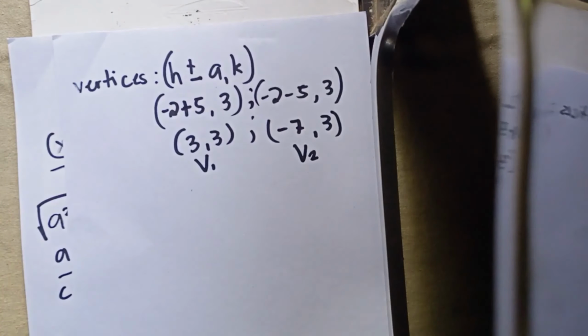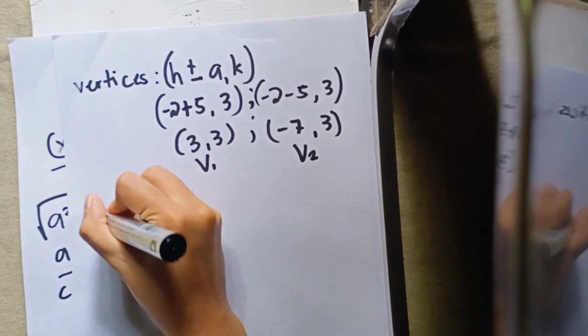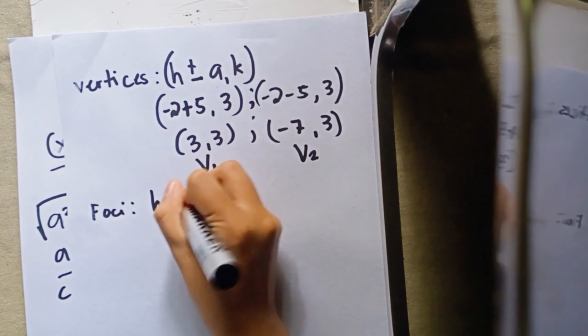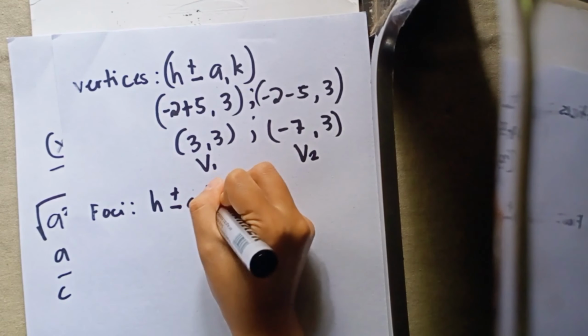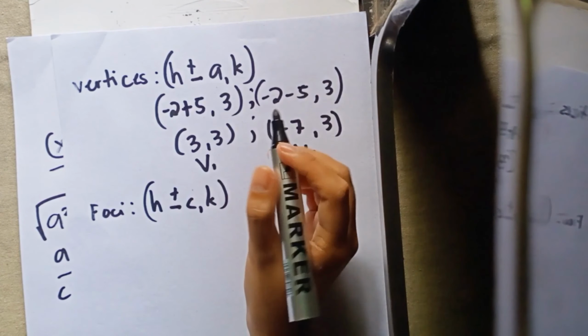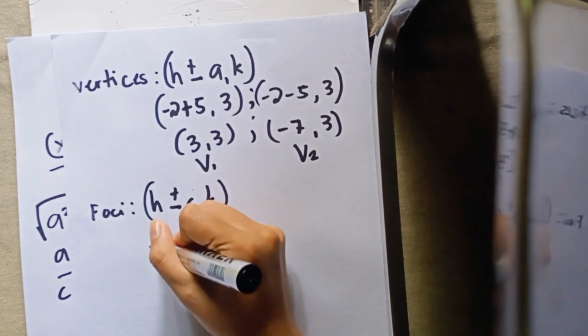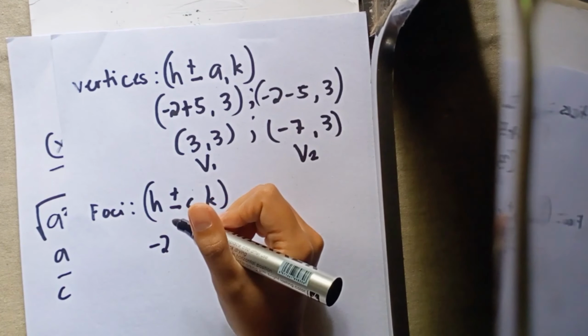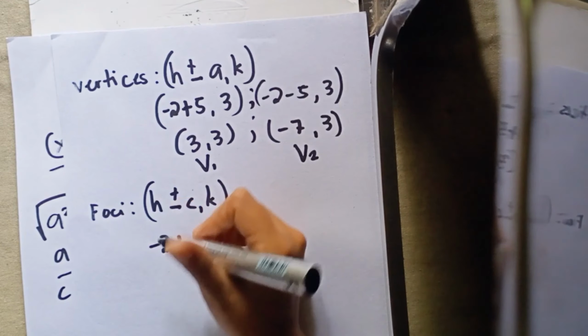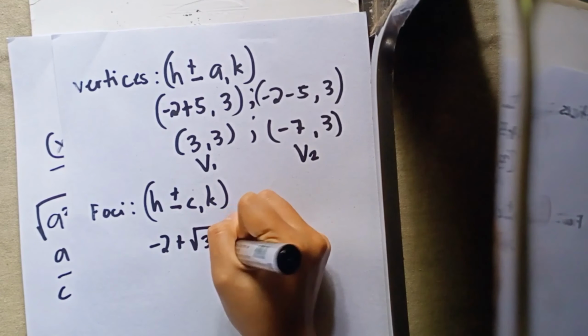Next is the foci. So to find our foci, we have the formula: the foci are (h ± c, k). So h is negative 2, plus our c, which is square root of 34.